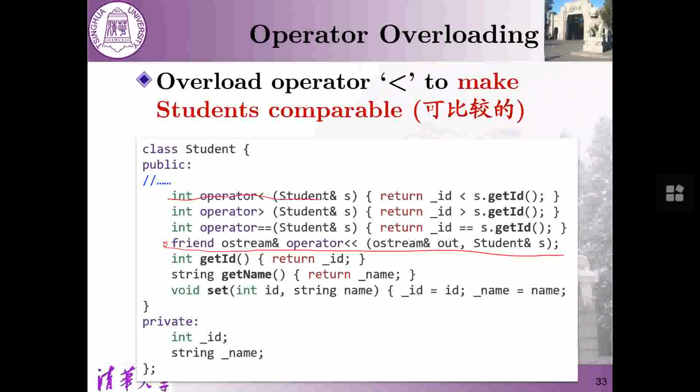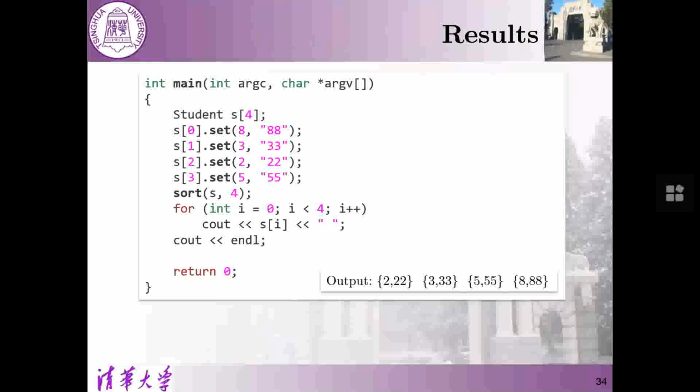This one is a comparison operator, and this is the stream operator. Whenever we want to make objects of classes comparable, we need to think of overloading the comparison operators. In this way, we can sort them. Using a generic sorting algorithm, we can sort the objects. And this is how we test students. We can sort students.